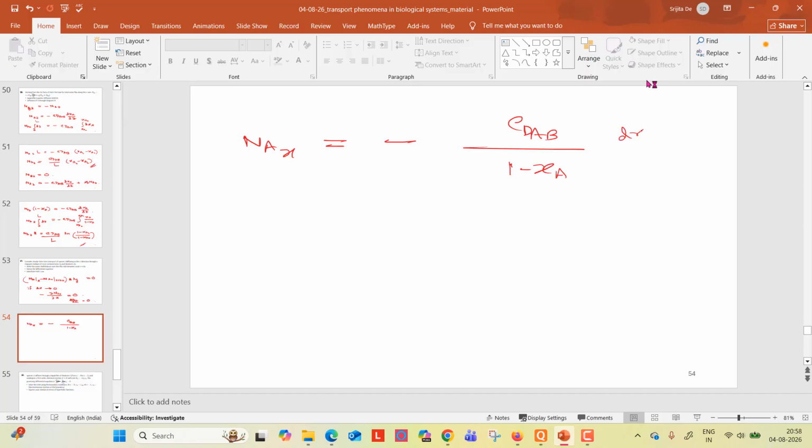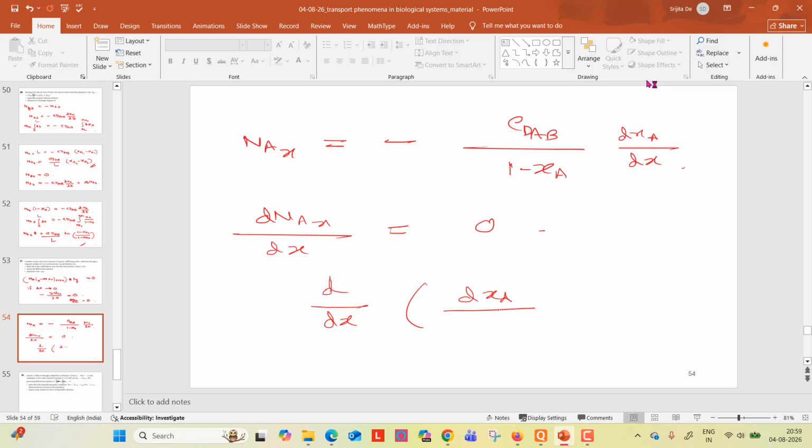This expression is given. So now dNAX dx equals 0. This is the substitution in Fick's law, so it will be d by dx of CDAB by 1 minus XA into dxa dx equals 0.